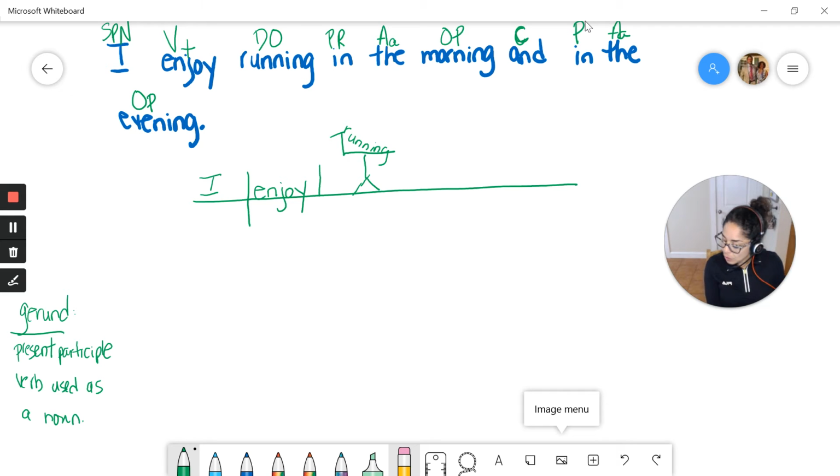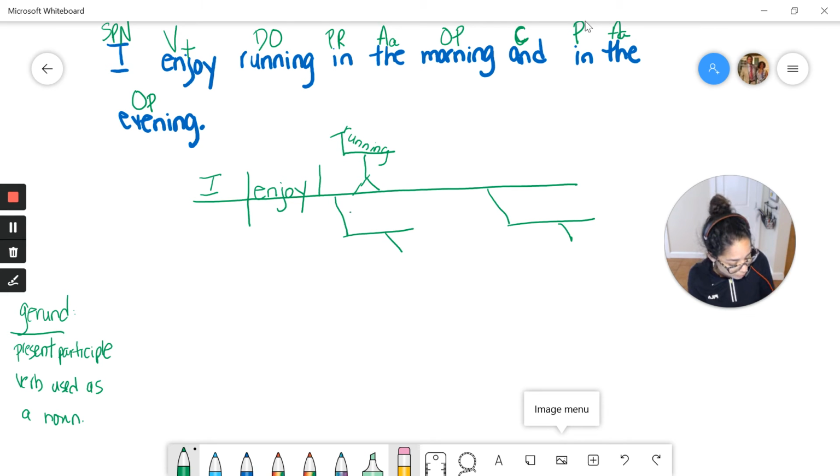And then, since in the morning and in the evening are both adjectival prepositional phrases giving us more information about the direct object, which is running, we have to diagram two prepositional phrases under here. So this is how we do this. We're going to put them both here. We know how to do that already.